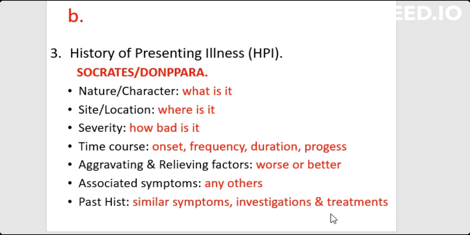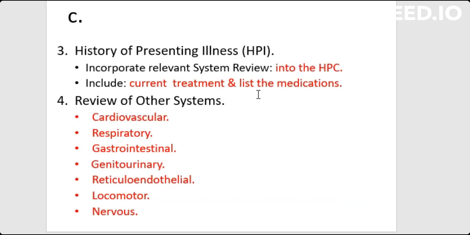Maybe the patient went to a health facility during his or her illness, and there were some investigations which were done and treatments which the patient was undergoing. The other thing is you need to incorporate relevant systemic review into your HPI.